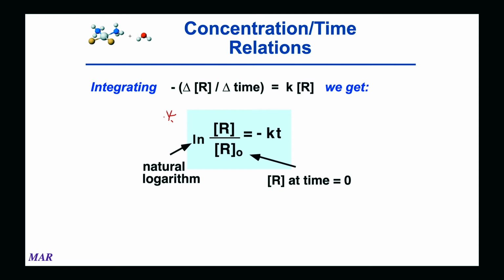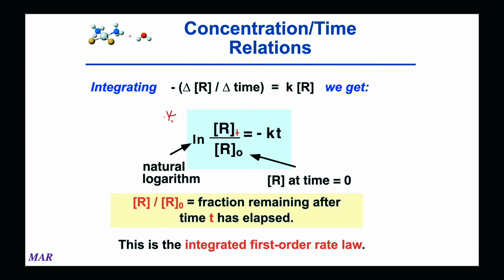And then the rest of it, on the top there, you've got just R. That's the amount of R at time little t. So sometimes in some texts, you'll see a little t right there. It's the amount of R left at time t, and that equals the negative rate constant. k is the rate constant here.